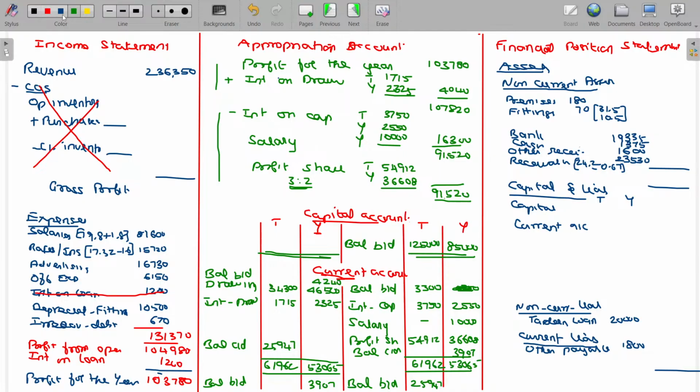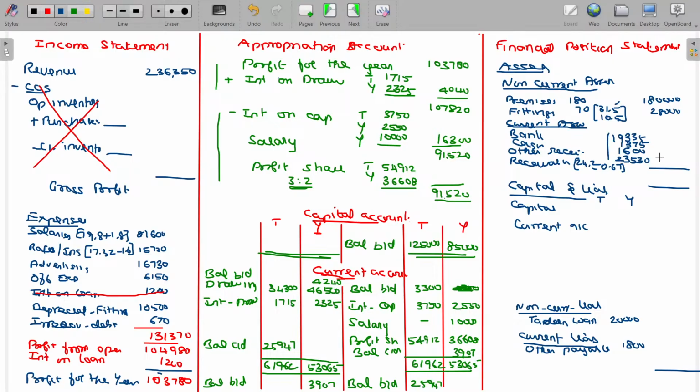Now here in the balance sheet, this premises being 1,80,000 minus these depreciation is subtracted to find out the ultimate value. And current assets, under that we have been given 4 items.